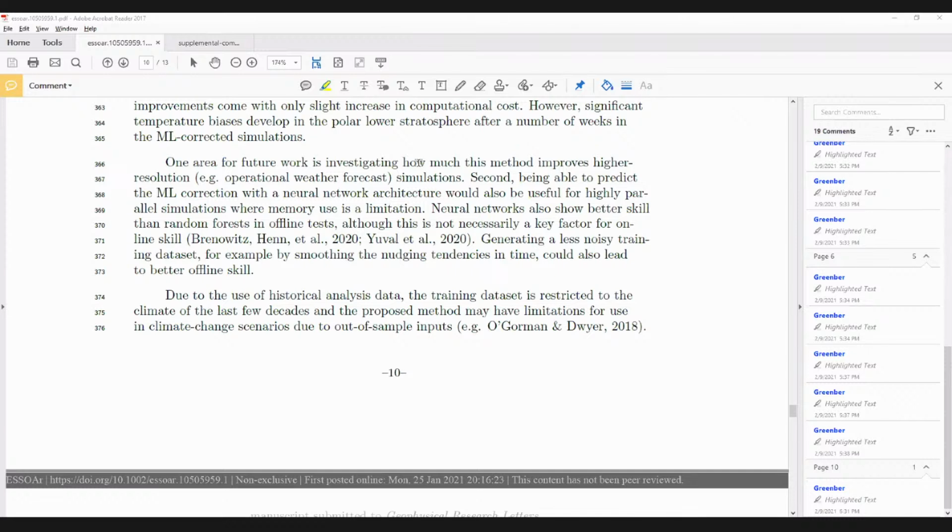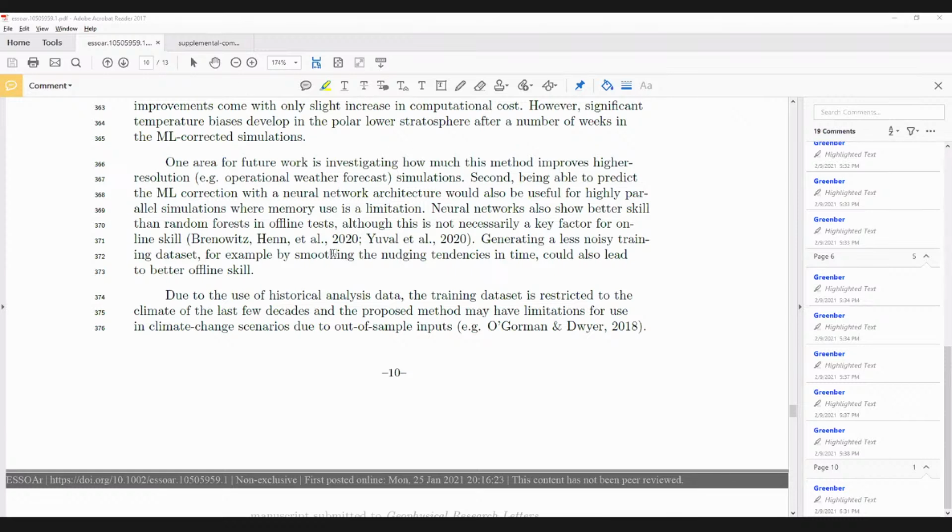It's also quite likely that each grid point and each vertical level has information that would help compute accurate tendencies for neighboring grid points. And there may be even global features of the atmospheric state which could be used to improve all these local tendencies. But once you start growing the inputs more and more and more, it gets very difficult to use random forests. They mentioned that they already started having memory problems.